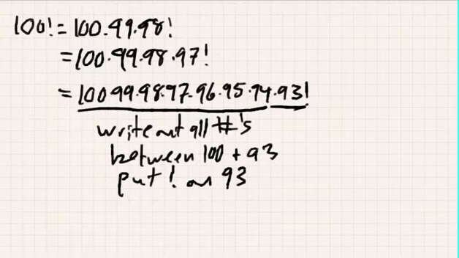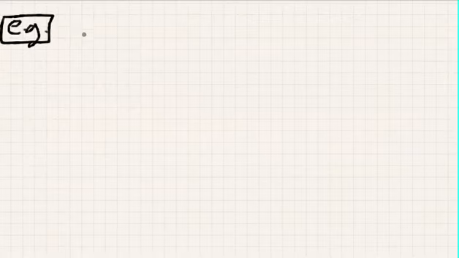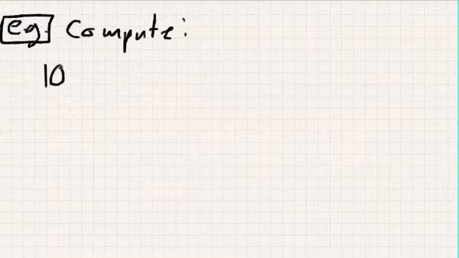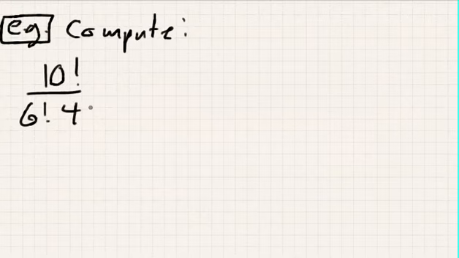Why do I want to do this sort of thing? Well, let's compute one more. We're going to be seeing things eventually that look kind of like this: 10 factorial over 6 factorial times 4 factorial. Now, again, whenever I have factorials, I can get nice cancellation.